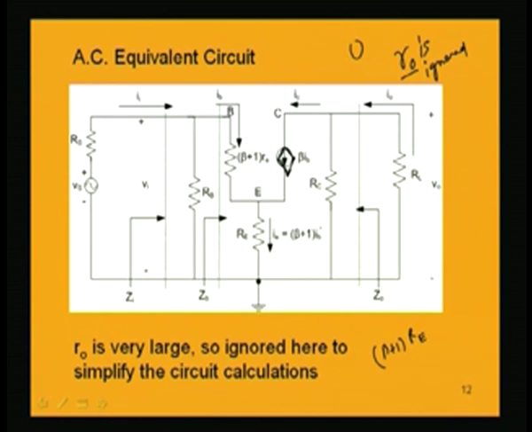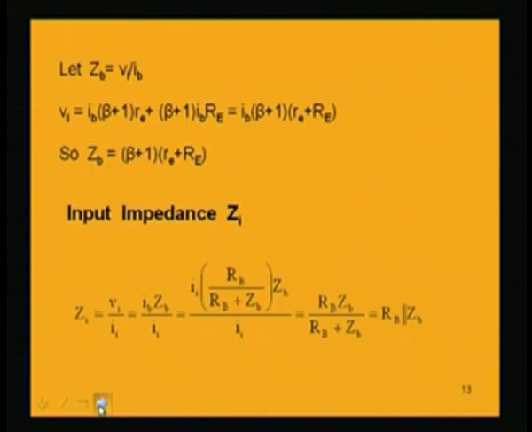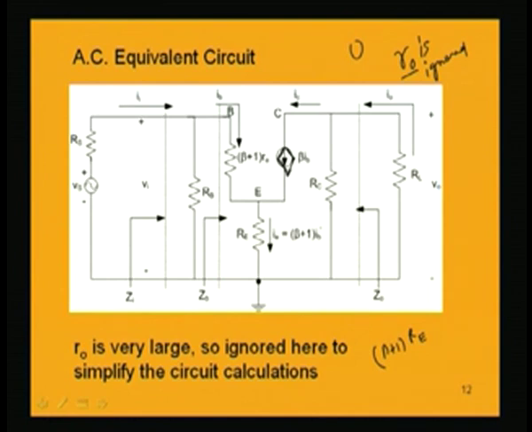So, now in this circuit, all the parameters which we have just now found for the other circuit are to be found, starting with the input impedance. Input impedance is Vi by Ii, looking from this source into the input. Now, input impedance is basically the parallel combination of RB and this whole resistance.